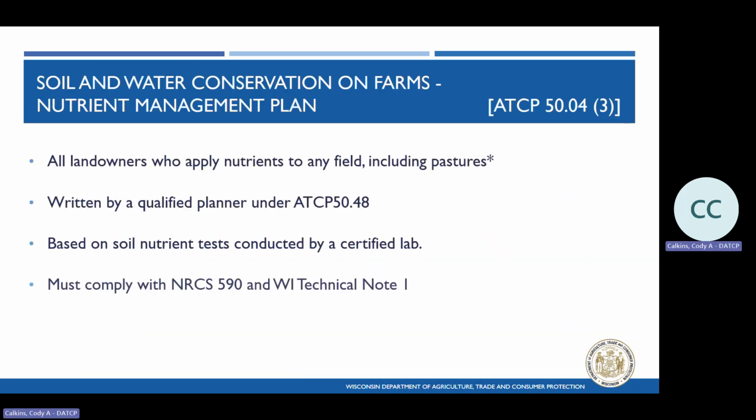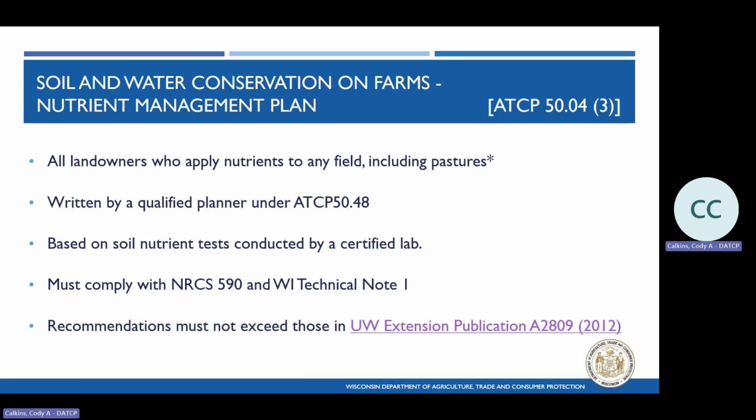In ATCP 50, like I mentioned, we have ATCP 50.04, which is that nutrient management plan requirement. We set forth some additional requirements in ATCP 50 on what is necessary to develop and implement a nutrient management plan. It requires that all landowners who apply nutrients to any field, including pastures, have a nutrient management plan. That nutrient management plan must be written by a qualified nutrient management planner under ATCP 50.48.